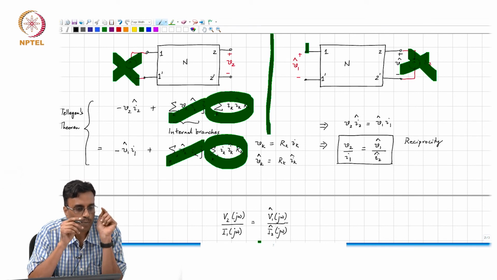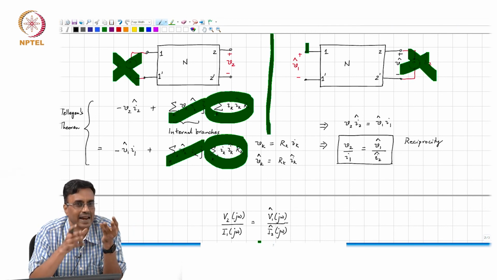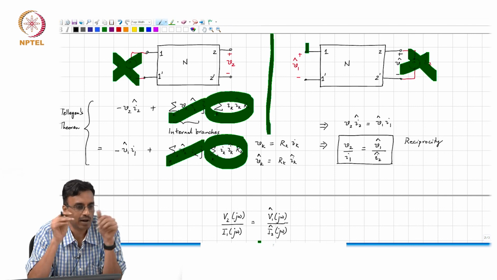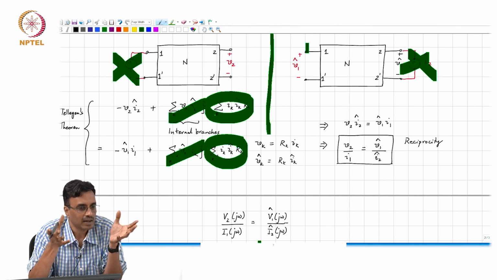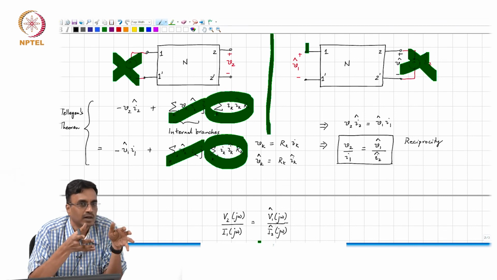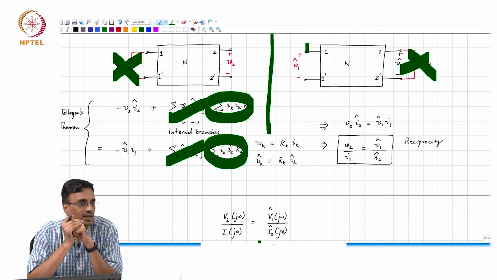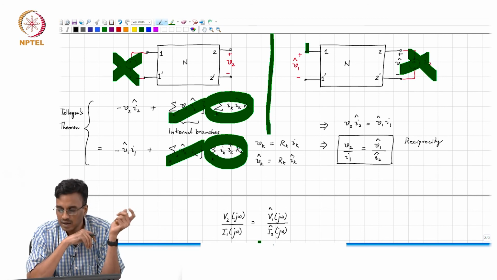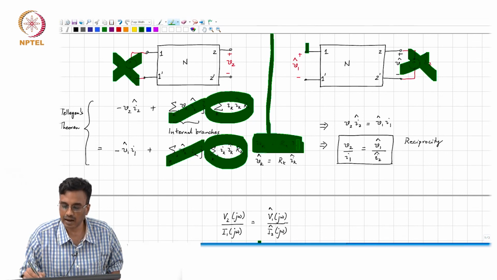Now, one practical case where this is automatically satisfied is when you have a linear network which is also passive, when you have only R, L and C in them, the commonly known passive elements that we use. There is a general misconception that it is only applicable to passive networks. But that's not the case, because for instance, if I somehow manage to create an impedance which was negative, all that these relationships are saying is that Vk is Rk times Ik.